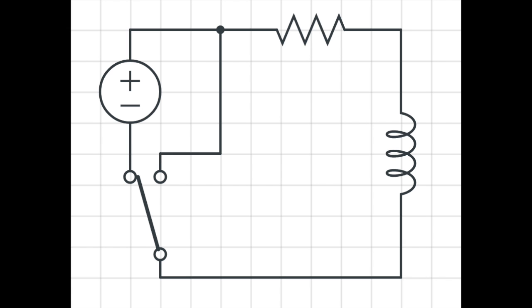As we take a look at our circuit diagram, we can see that we have a complete circuit that will start from the battery, flow through a resistor, denoted by the jagged line, and then through an inductor, which is denoted by the swirly line, and then all the way back to the negative terminal of the battery.